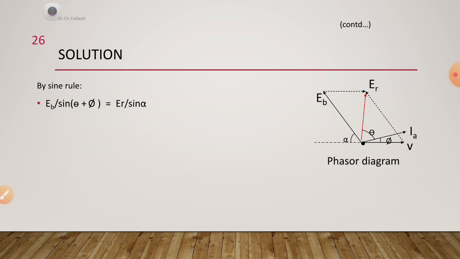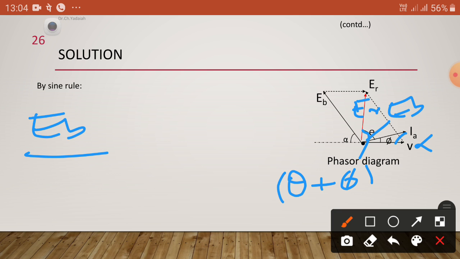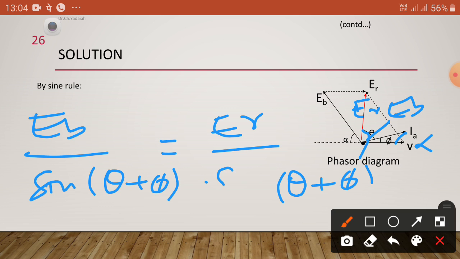By sine rule, EB is opposite the angle theta plus phi, and V is opposite alpha, with ER as the other side. So simply, EB by sine of theta plus phi is equal to ER by sine alpha.